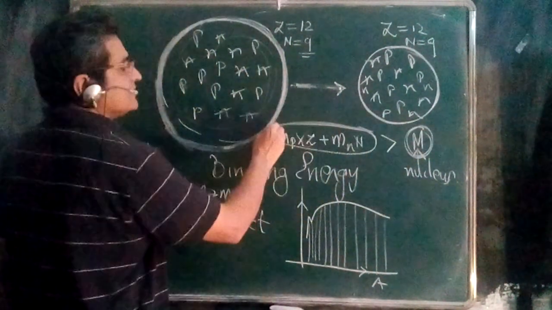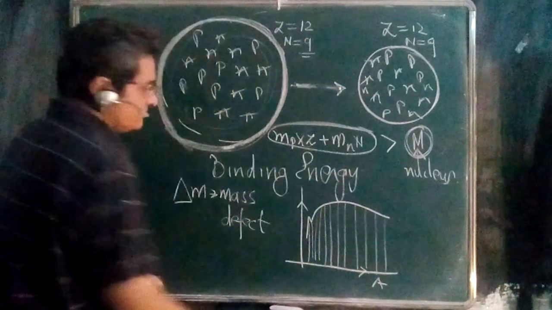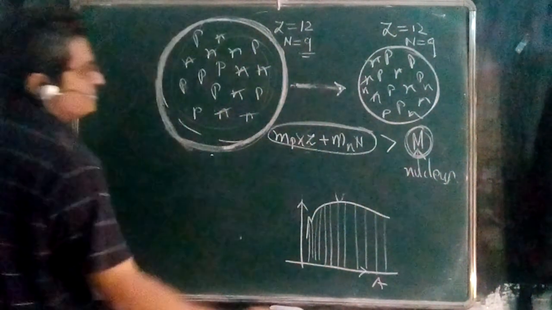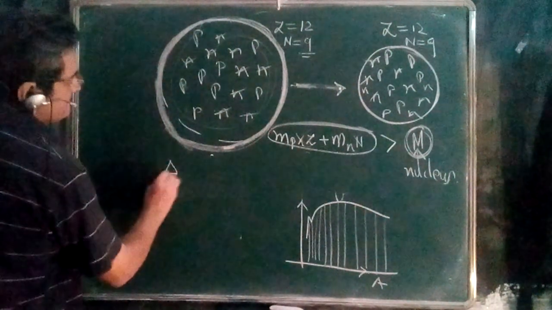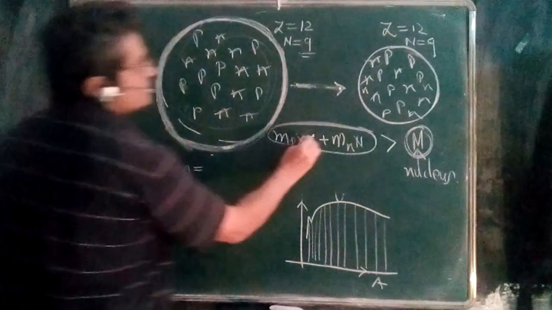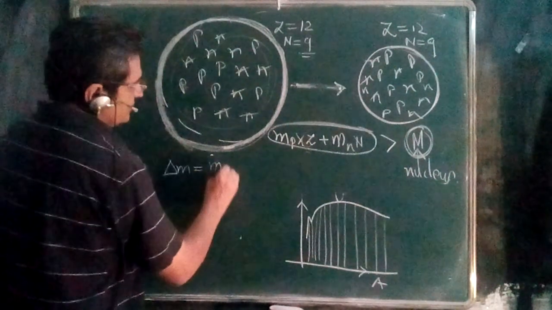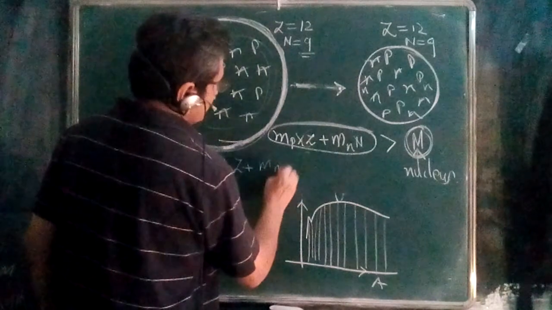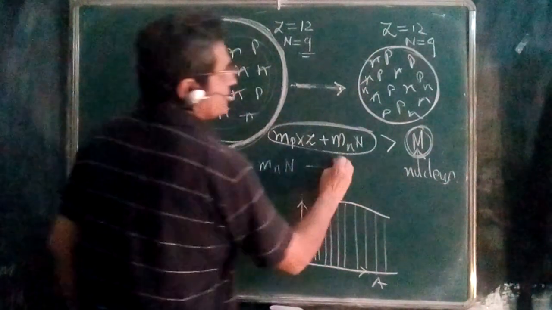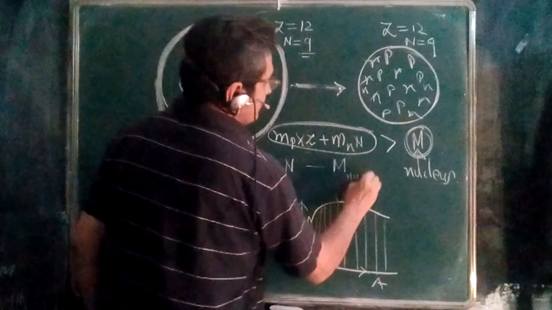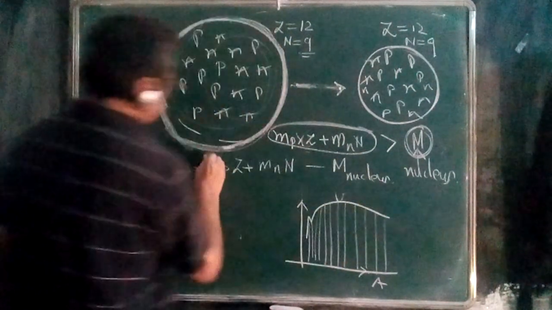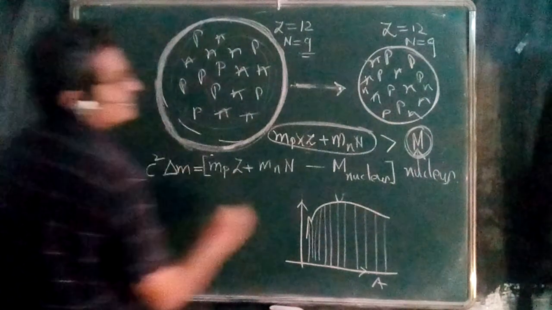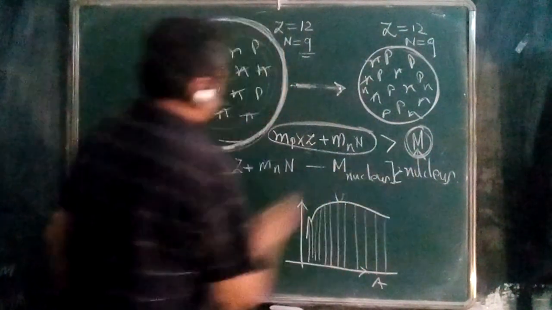You had a greater mass. So this decrease in mass is called the mass defect. Delta M equals the mass of the individual protons and the individual neutrons minus the mass of the nucleus. This is the mass defect, and this multiplied by c squared will give you the energy.